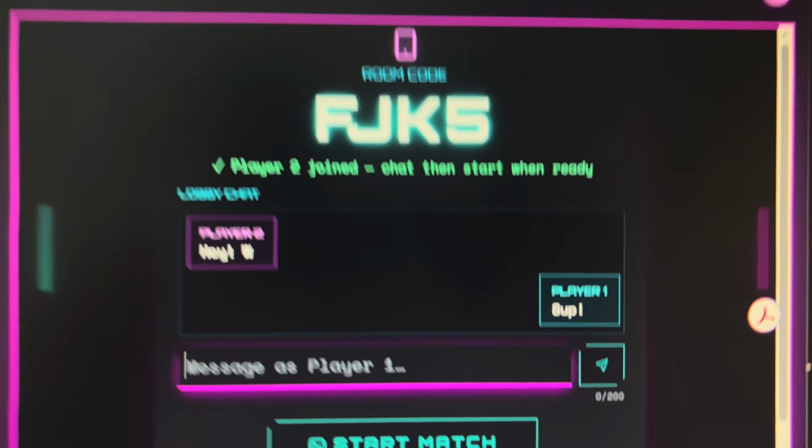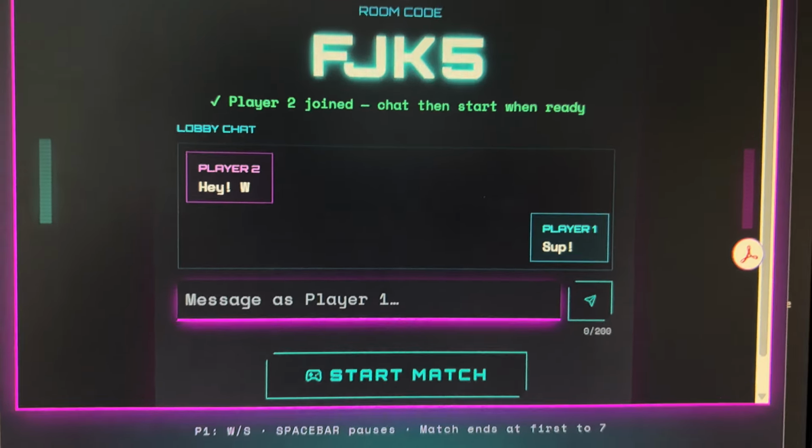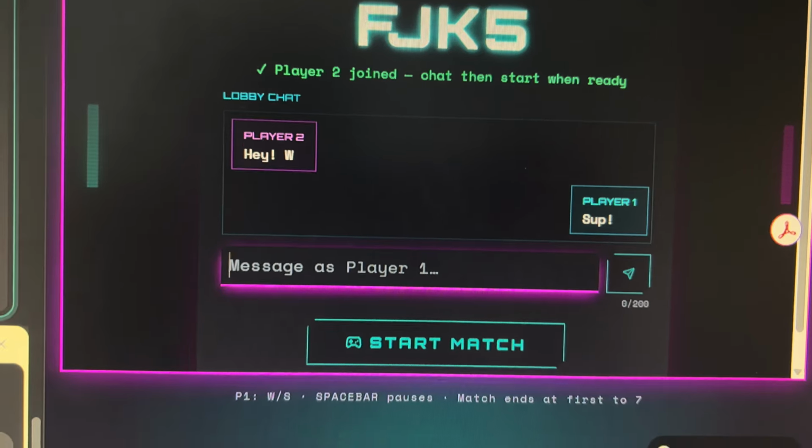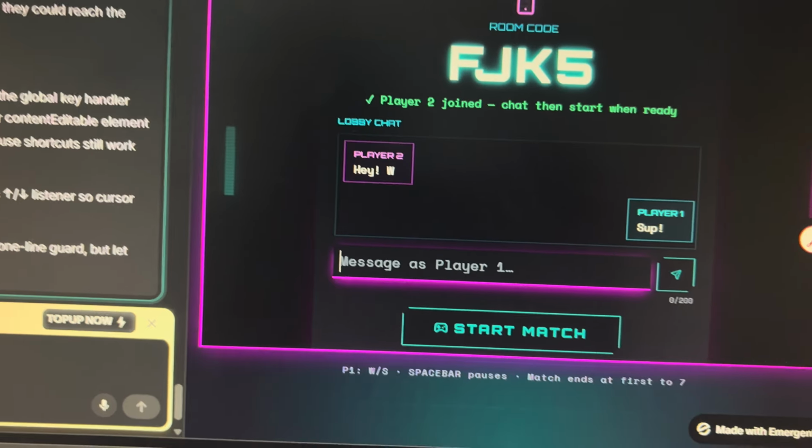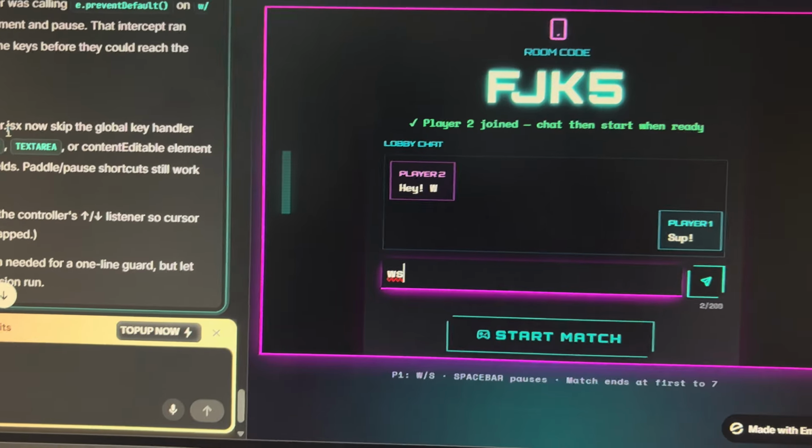Okay, so Emergent fixed this. Emergent fixed the issue with the W and S keys, because for player one, let's get that in focus.